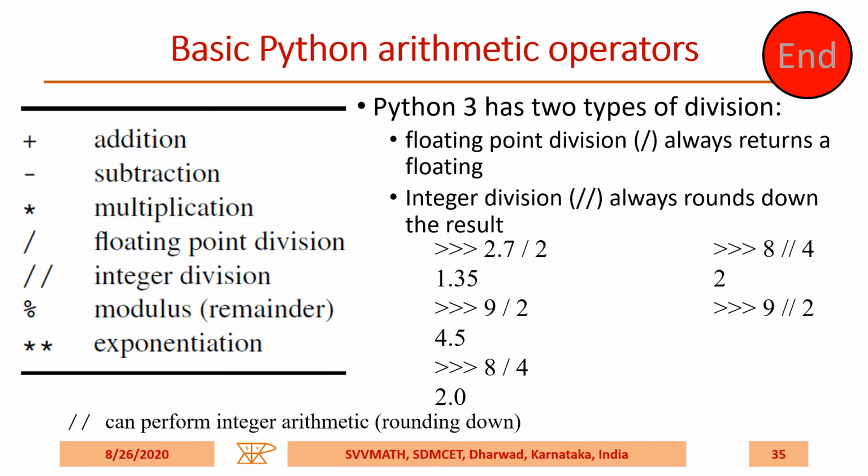For example, 8 integer division 4, I'll get 2. 9 integer division 2, what's the answer? I'll get 4. Similarly, 2.7 integer division 2, I'll get 1.0. You can pause the video, go through the basic Python arithmetic operators, especially floating point division and integer division.